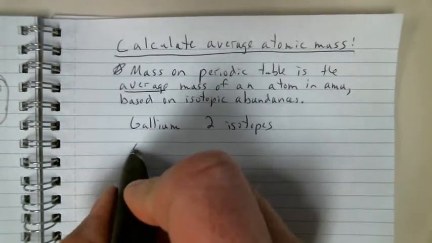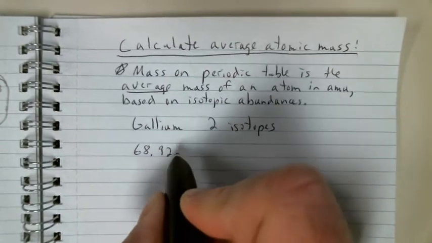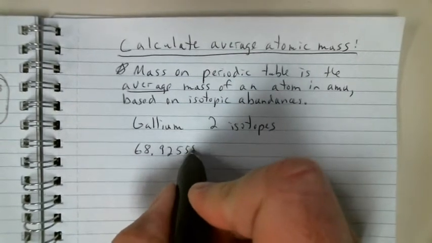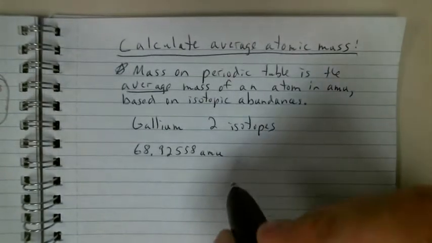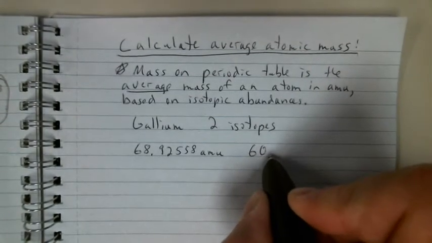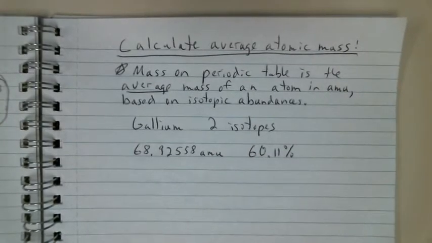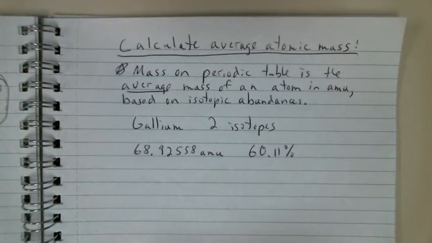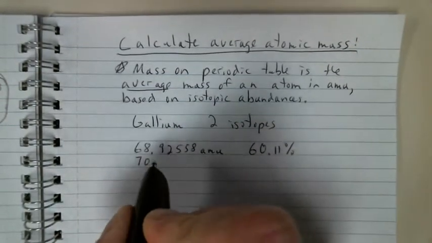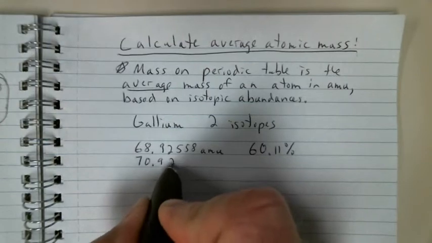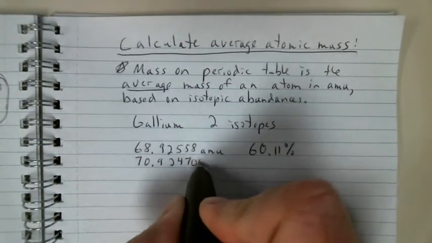It has an exact mass of 68.92558 atomic mass units. And that one is present at 60.11%. And then the other isotope would be gallium-71, which would be an exact mass of 70.9247050.